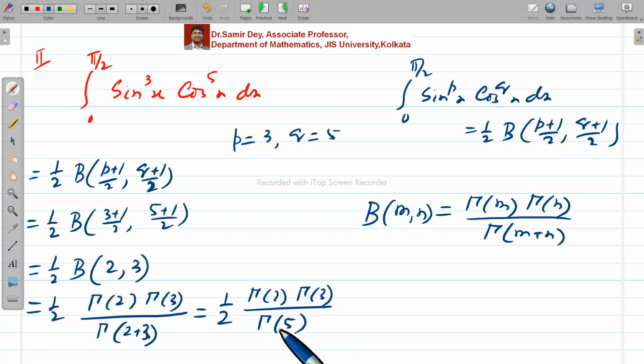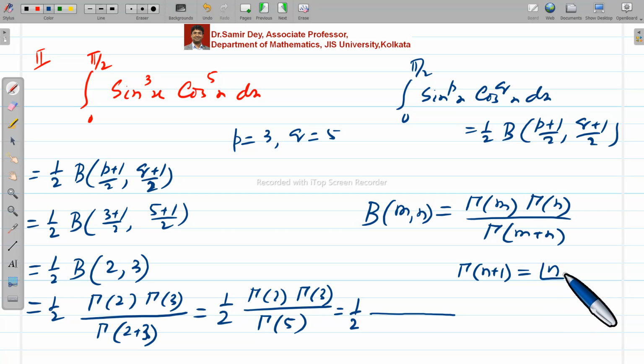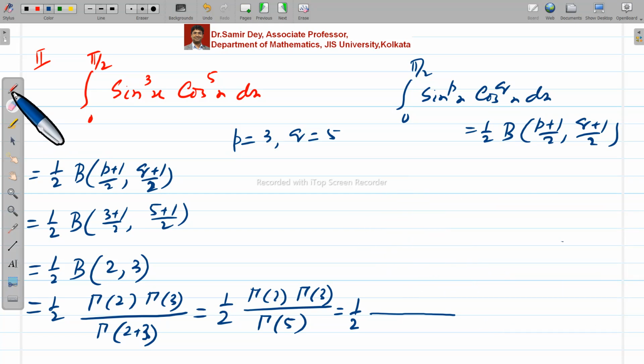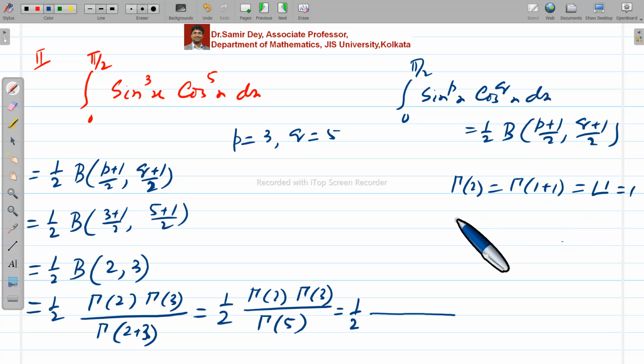Clear? What about the formula? Already you know the formula. Gamma n plus 1 is equals to how much? Factorial n. Basically it is coming 1 by 2 is here, gamma n plus 1 means factorial n when n is an integer. Correct? So what will be the gamma 2? Gamma 2 is equals to gamma 1 plus 1, that is factorial 1 means 1.